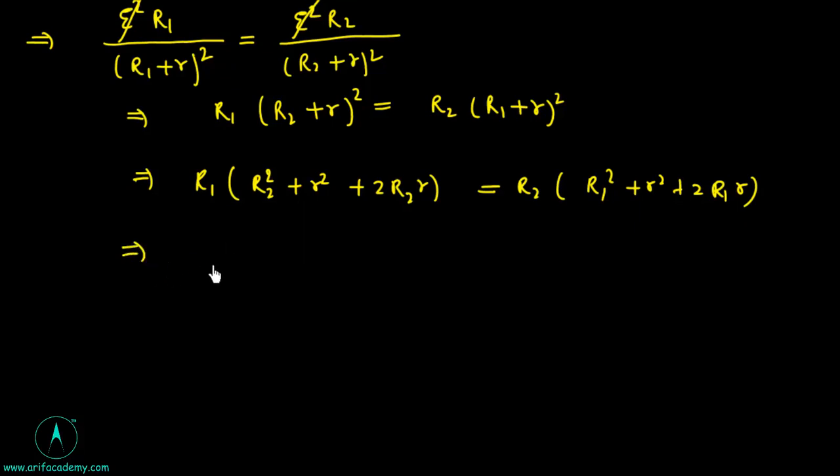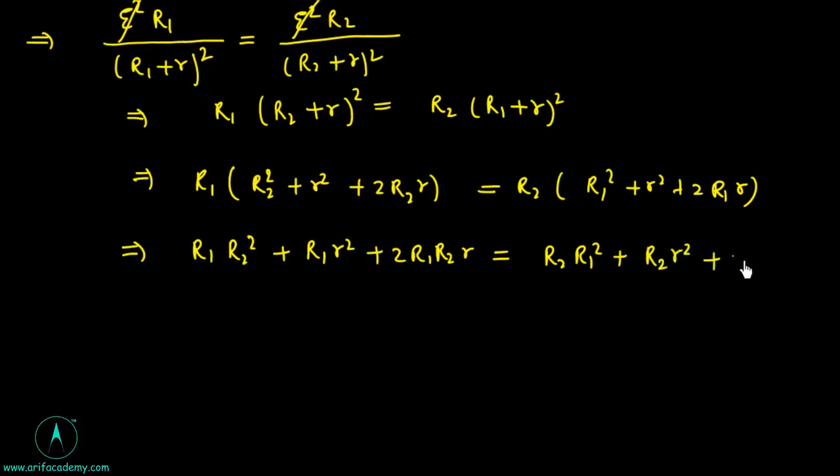That is R1 R2 square plus R1 r square plus 2 R1 R2 r equal to R2 R1 square plus R2 r square plus 2 R1 R2 r. So this cancelled, and we have to find small r, so we have to place it on one side.